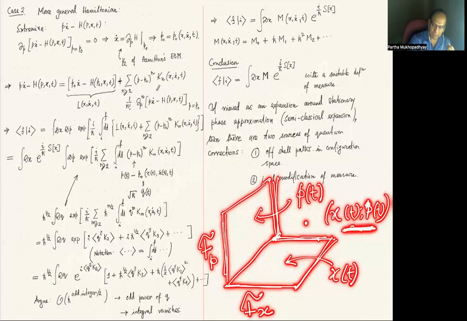So for every x path, there is a corresponding p path. If you take any point here that corresponds to an x path, then it automatically determines a point here, because that is how these two paths are related, which means there is a subspace.